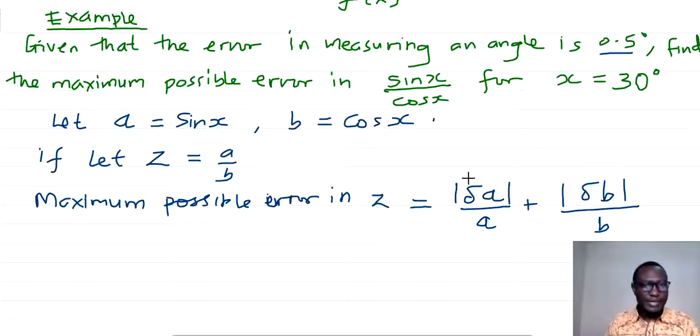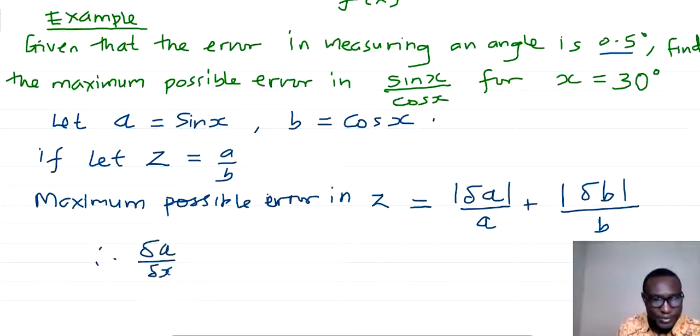So we have to go ahead and differentiate a, which is here, and differentiate b, which is here, with respect to the angle x to get delta a. Differentiating a with respect to x, we shall get cos x.